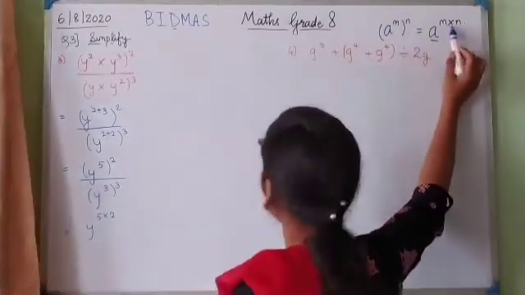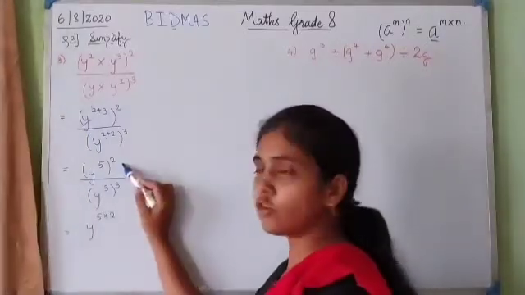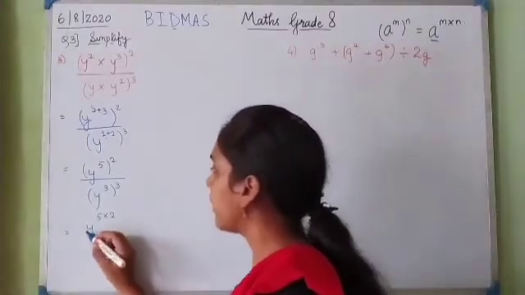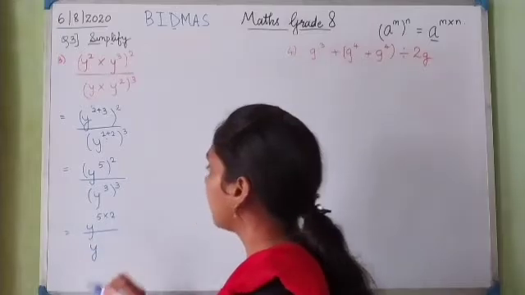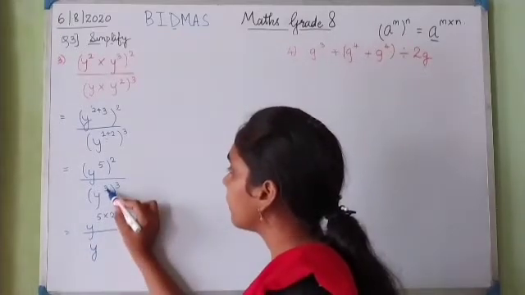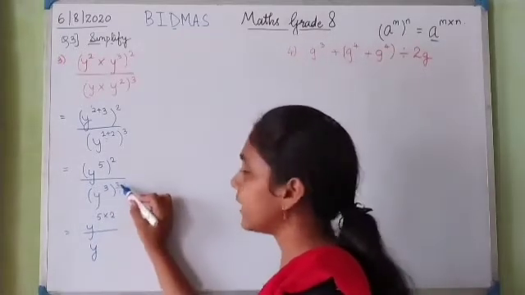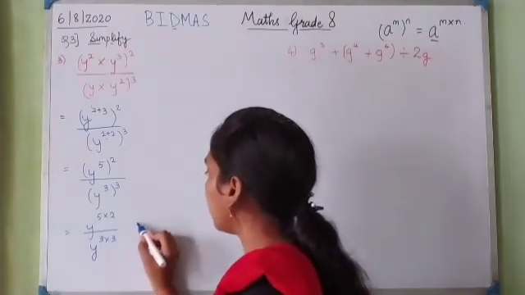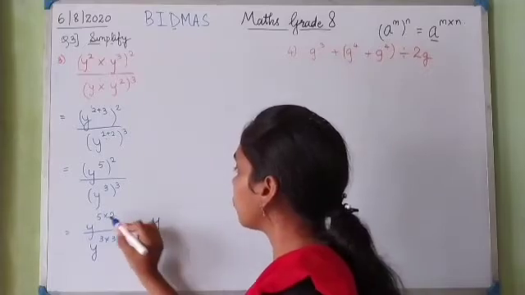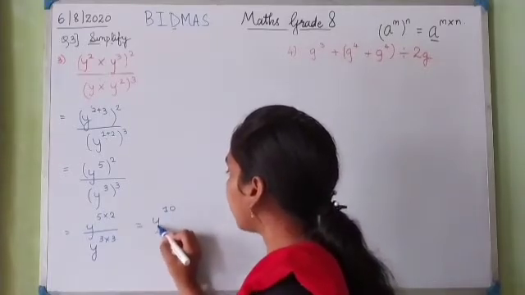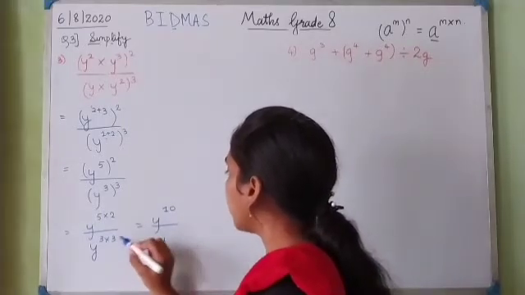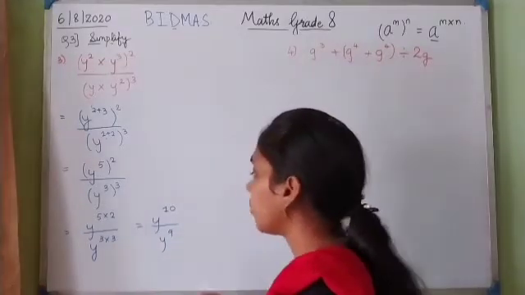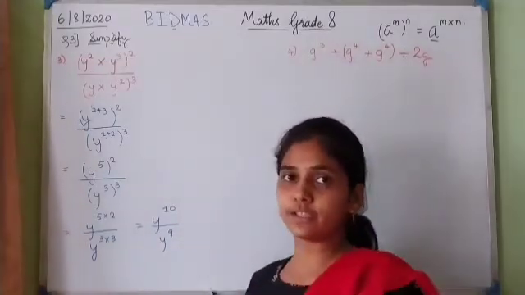So when we are multiplying their indices, the bracket goes off. And the denominator y raised to 3 will get multiplied to the outside 3. So this is 3 multiplied by 3. So now this will be y raised to 5 into 2 is 10 divided by y raised to 3 into 3 is 9. Okay.